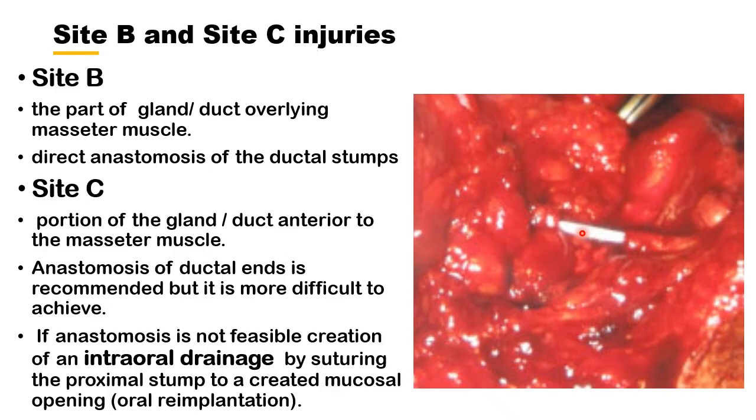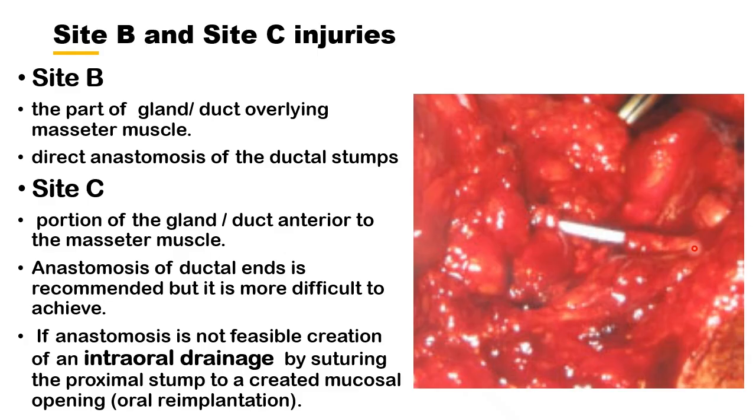If they cannot be brought together without much tension, then consideration should be given to ligating the distal end to prevent a sialocele or a parotid fistula. So these are the situations related to injury on site B.